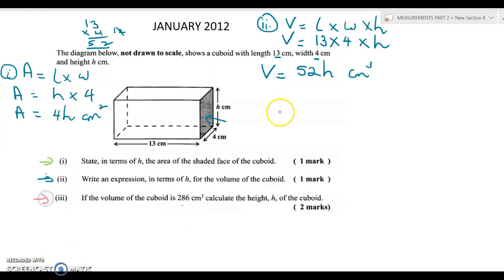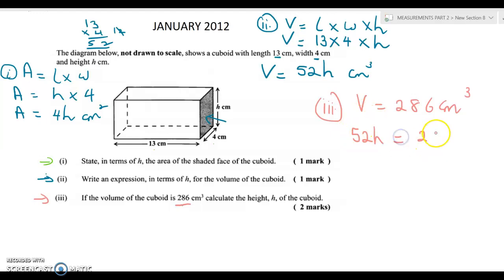So now we can do part 3 right here. This says the volume of the cuboid is this amount. So the volume is equal to 286 cm cube. Calculate the height. Now in part 2, we found an expression in terms of h for the volume of the cuboid. 52h, that is equal to that volume that they gave us, the 286.